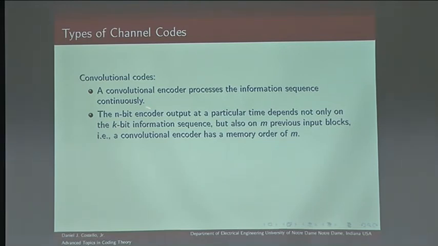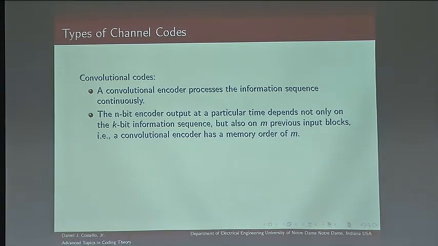We also have an n-bit encoder output coming out of the convolutional encoder at any time with a k-bit input. But the n-bit output at a particular time depends not only on the k bits that came in at that time, like it would with a block code, but also on some number of previous input blocks, m in general, which is called the memory order of the encoder.